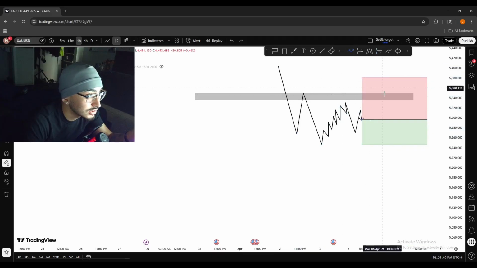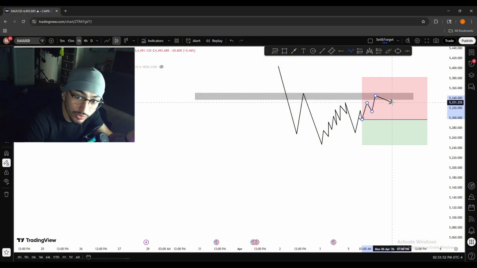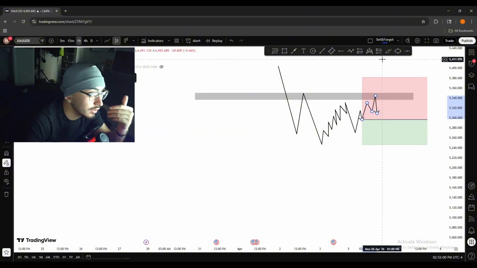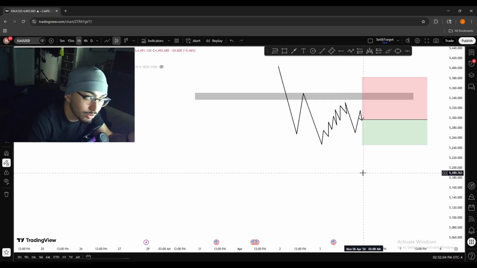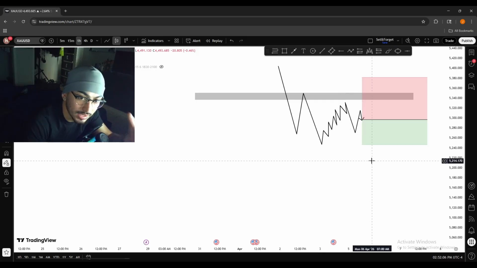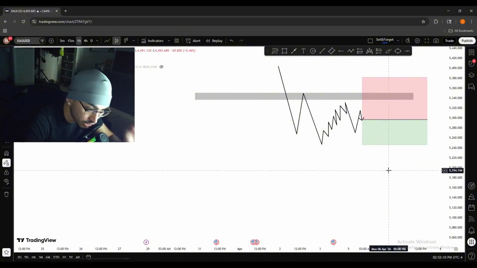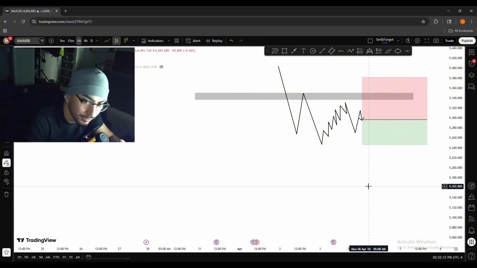And then price is just going to, boom, take you out. Or it's going to have that small push, hit this previous one over here, and then boom, go that way. Or it's just going to come down, respect this zone, and then boom, take you out later on. But with this concept, you're going to have a higher probability of winning consecutively, to where you can make profits, especially if you're keeping the risk the same.